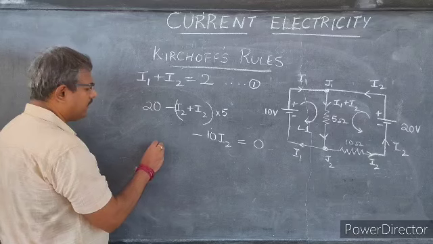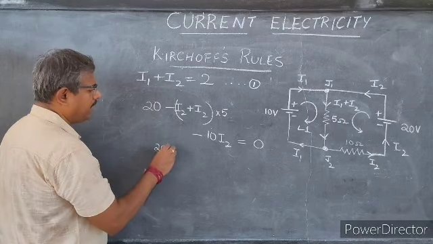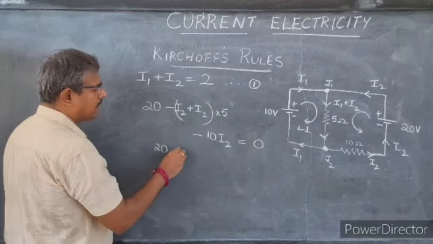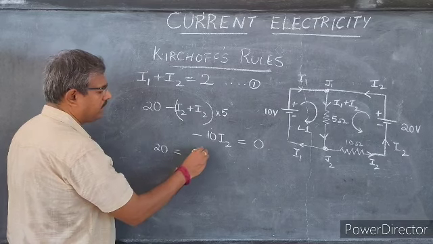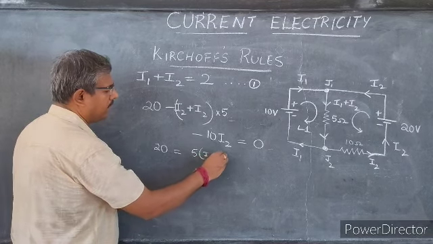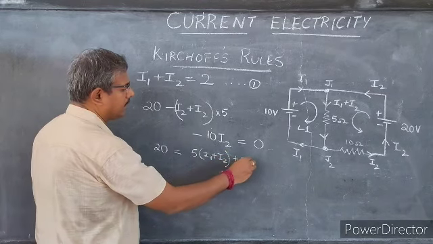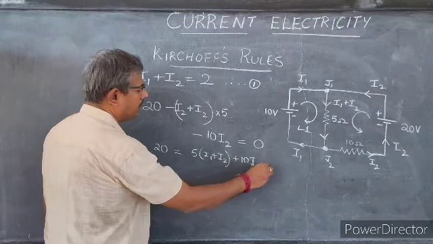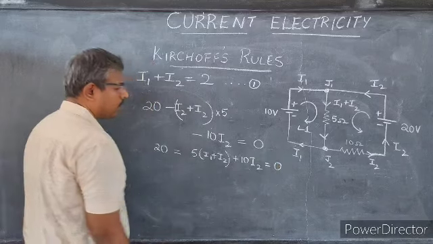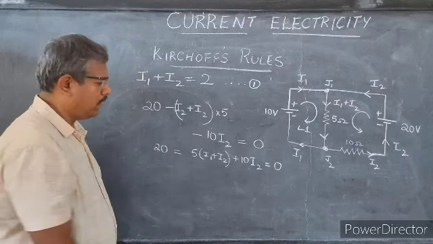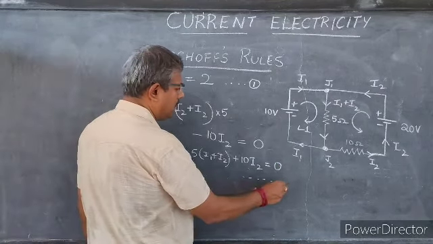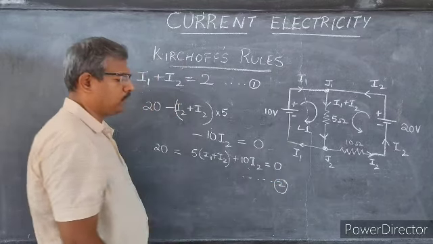If I simplify this, I get 20. I take the negative terms to the other side. I get 5 into (I1 plus I2) plus 10 I2 equals 0. Let me mark this as equation 2.